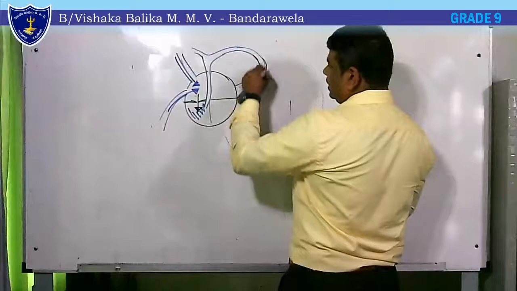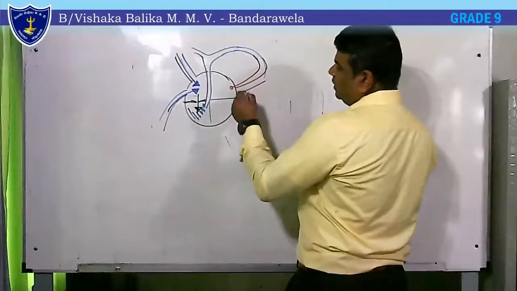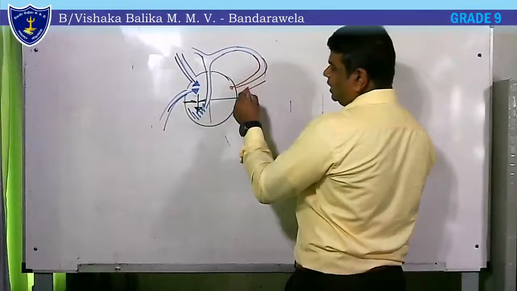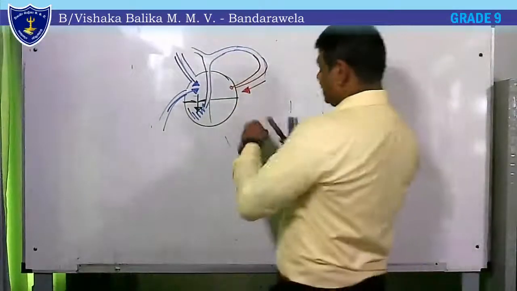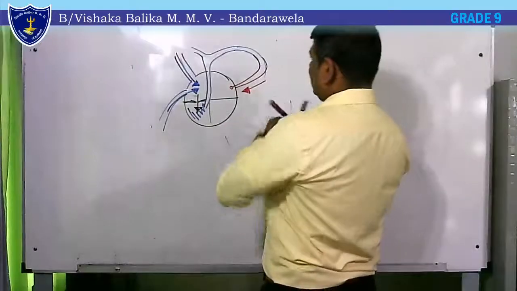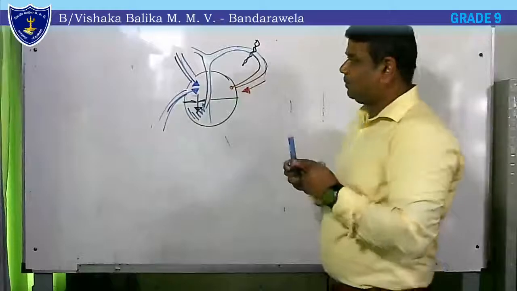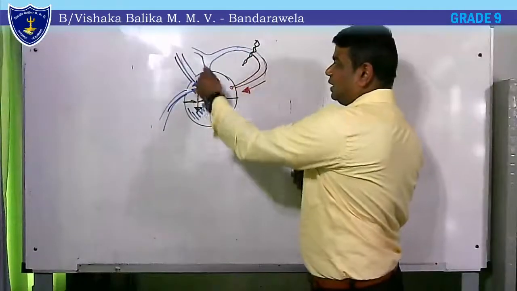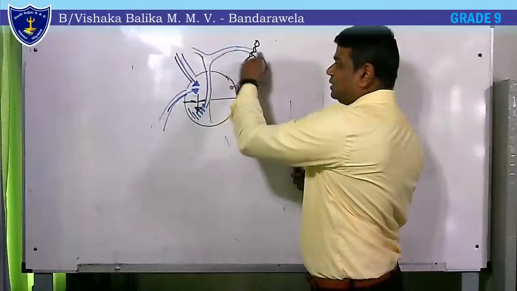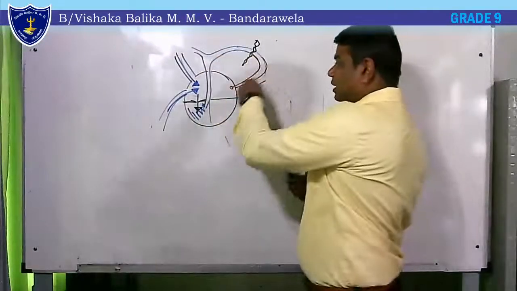Oxygen rich blood comes back to the heart. So when blood is brought back to the heart, we call them veins, right? There is a lung here. Actually it travels through the lung and comes back, and first it transports here, and this is an artery, this is a vein. This artery is called the pulmonary artery, this is the pulmonary vein.